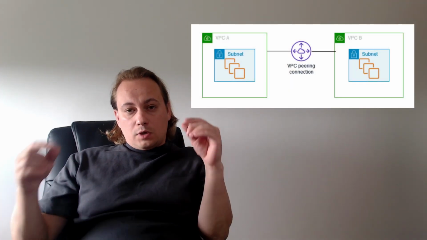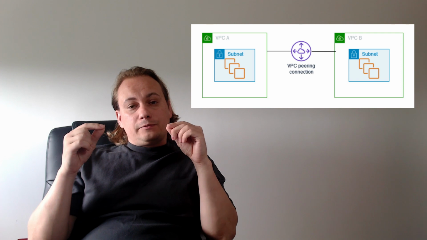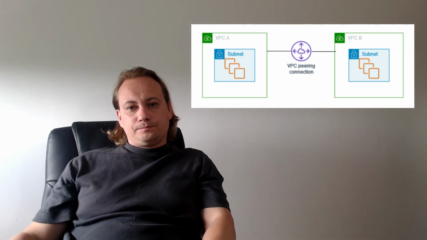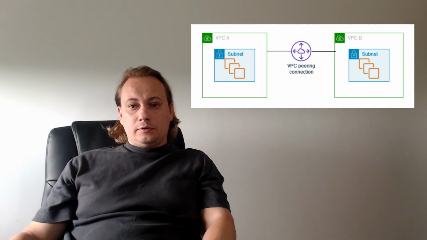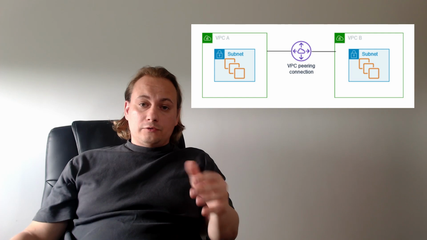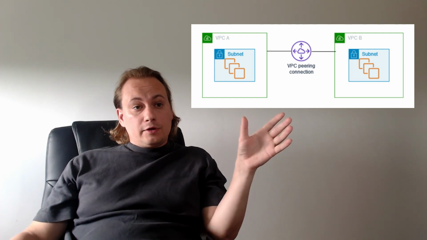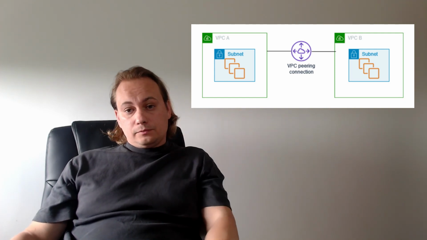The simple solution to achieve this is peering connection. It's a one-to-one connection between two VPCs that are not conflicting in terms of IP ranges and allows routing traffic in between those two.